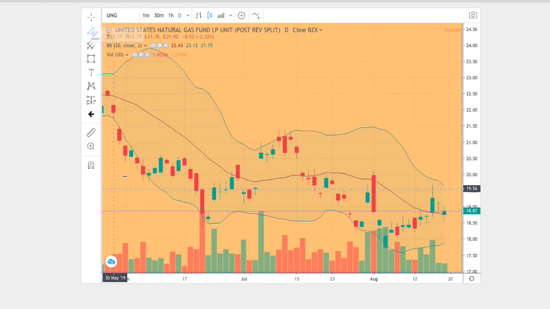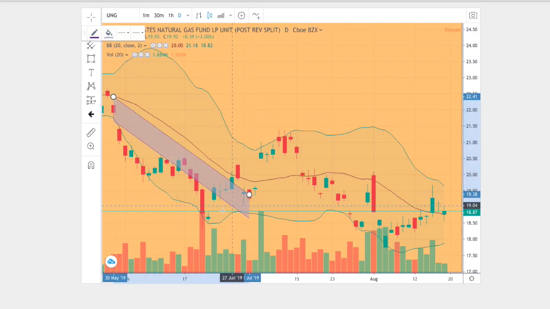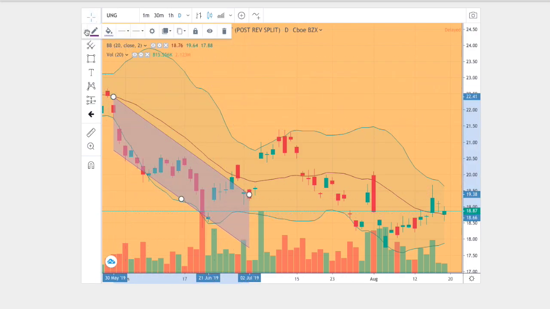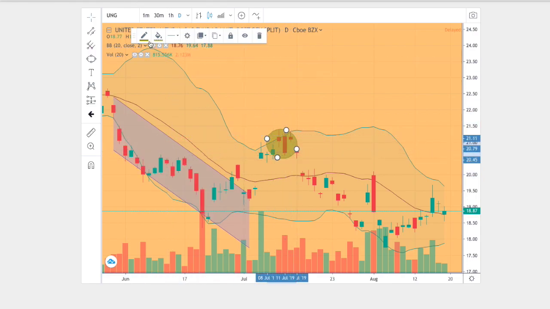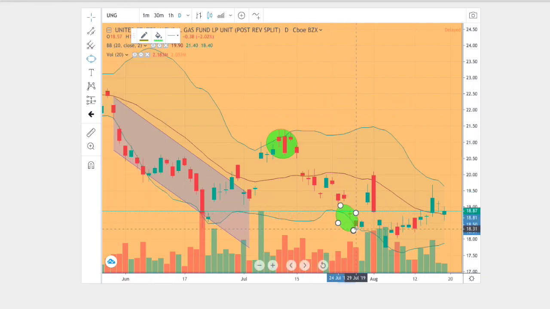In the beginning of the trend, we started in a downtrend. We started off in the middle Bollinger Band, and then we proceeded to head in a downtrend. We made a quick reversal. We have one peak here, and then we touched the bottom Bollinger Band right here.